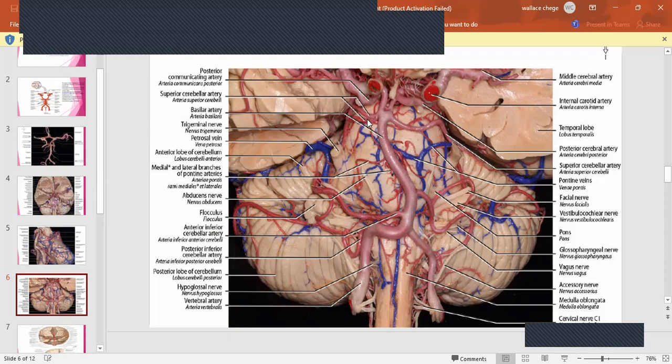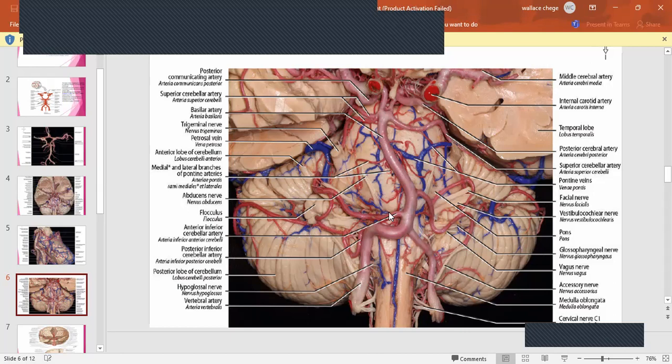You can see the superior cerebral artery. Then from here you can see the pontine arteries, these small ones. Here's the anterior inferior cerebral artery. Note that the anterior inferior cerebral artery can give off the labyrinthine artery.